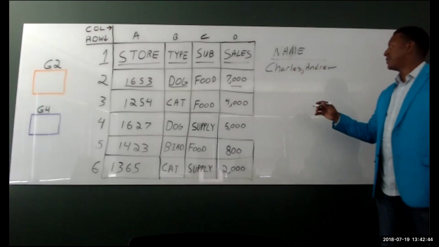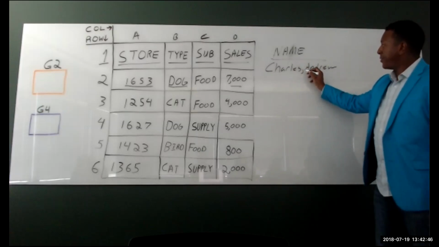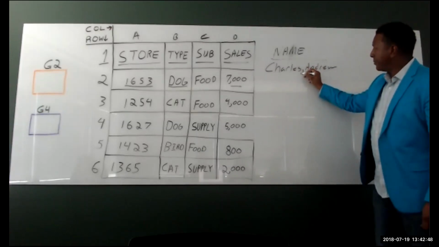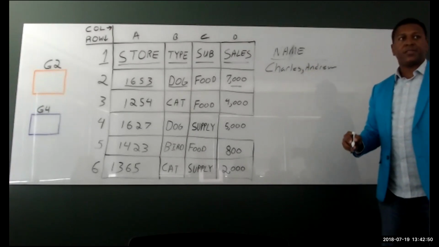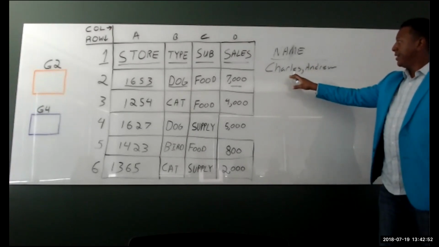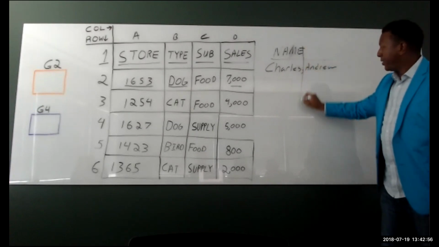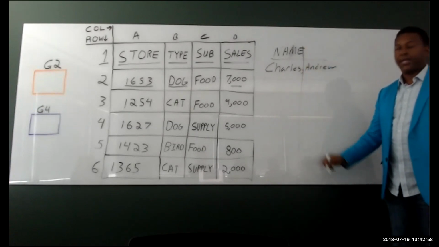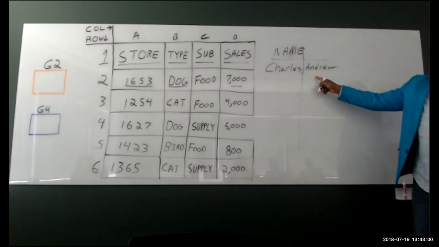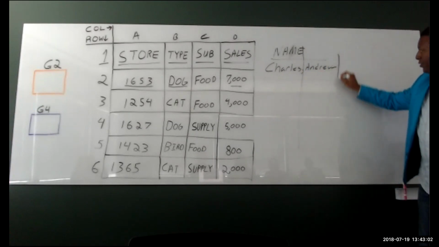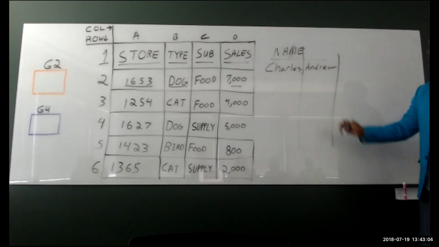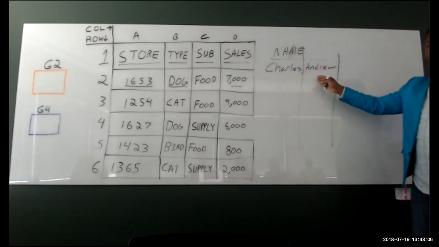You can separate it by the comma. So what happens is the text to column will take everything up to the comma and put it in one column, and then everything after that comma, it will put in a new column. So therefore now you have Charles and Andrew in two different columns.